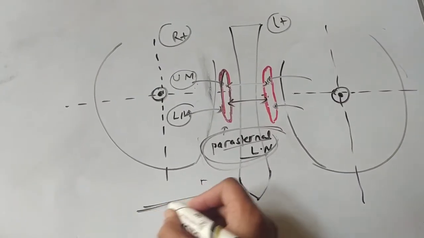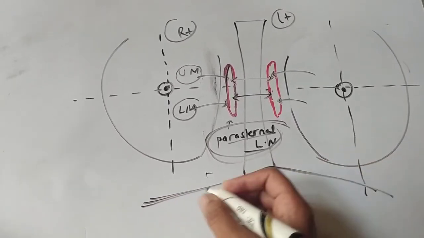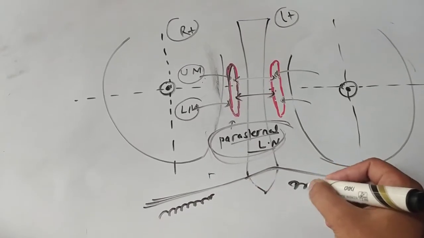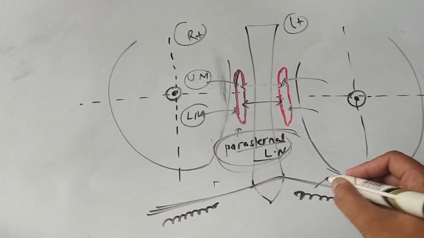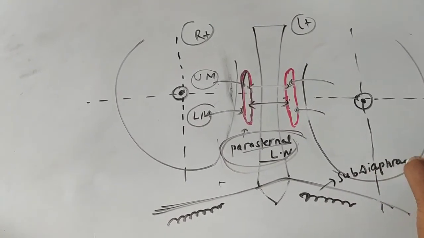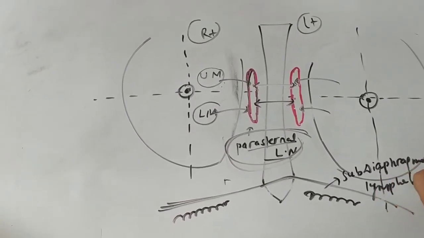So now let's suppose this is a diaphragm. And below the diaphragm we have the lymphatic plexus. So let's suppose this is the lymphatic plexus. This lymphatic plexus is known as the subdiaphragmatic lymphatic plexus.